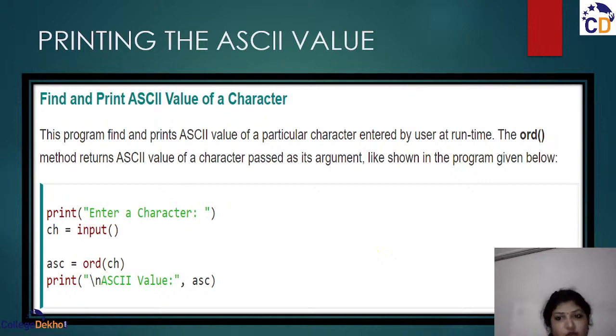The ord function is used, which returns the ASCII value of any character that is passed to that particular function. So how to write that part? I have defined one variable that is calling the ord function, which takes the input from the user, that is ch, and whatever the ASCII value is, it is assigned to the variable asc.